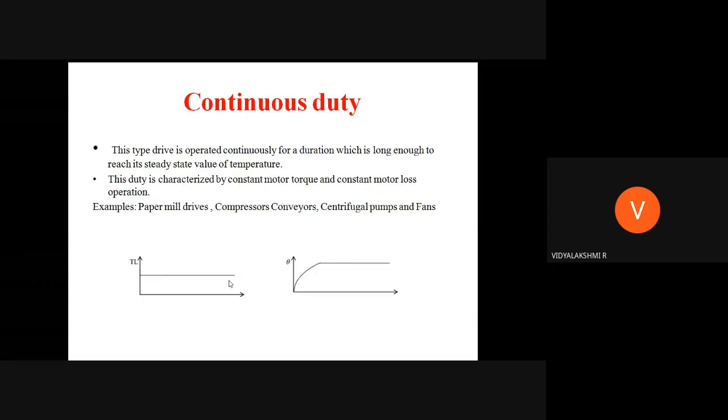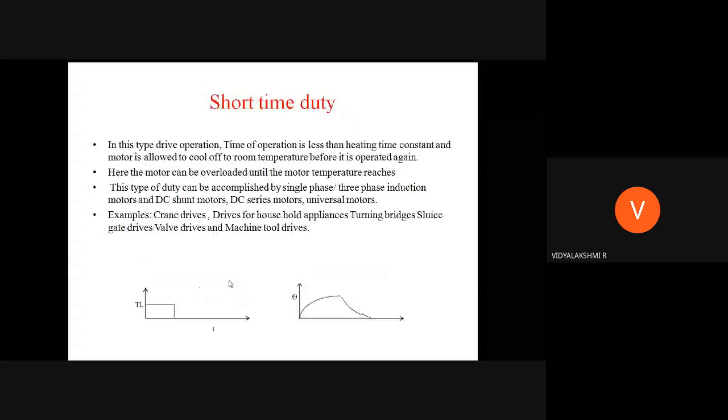The next one, short time duty. We can use this drive particularly for starting and then braking. I'm taking an example from household application, a mixie. I start a mixie and then I stop the mixie. So I can run it for a particular time period. This is called short time duty.